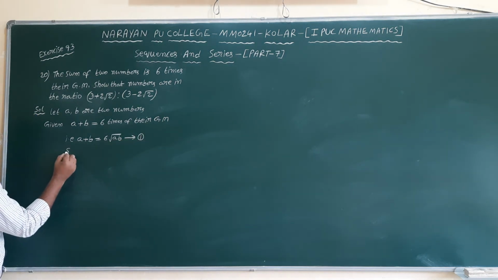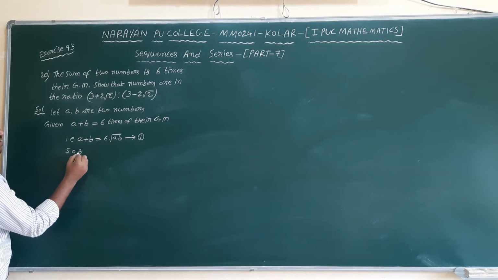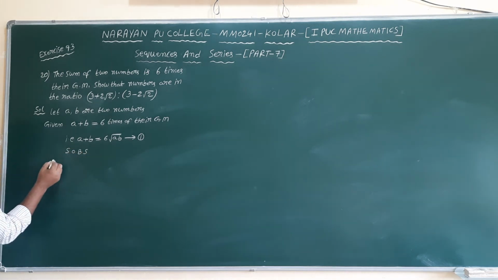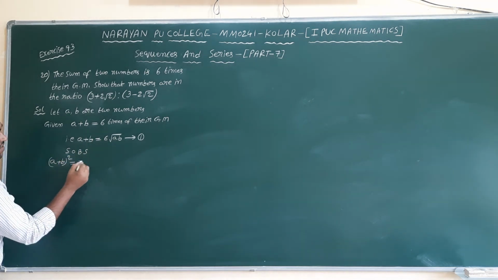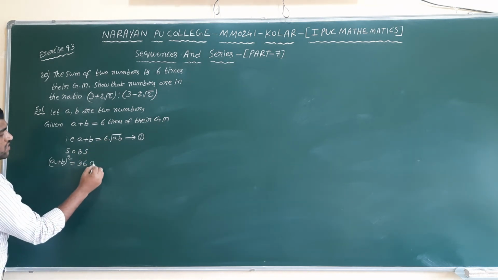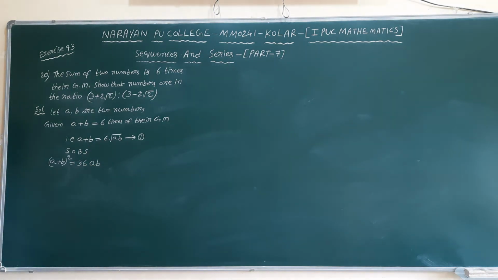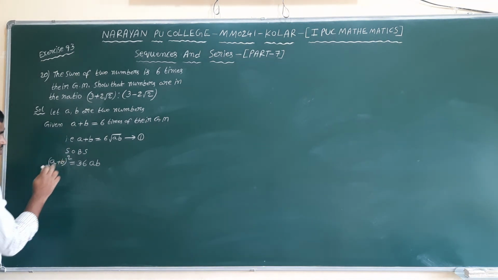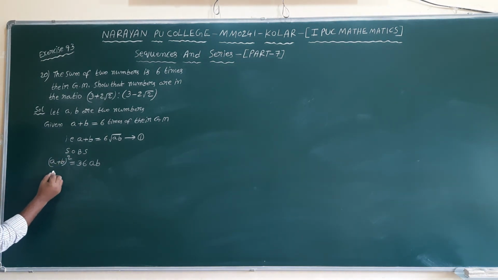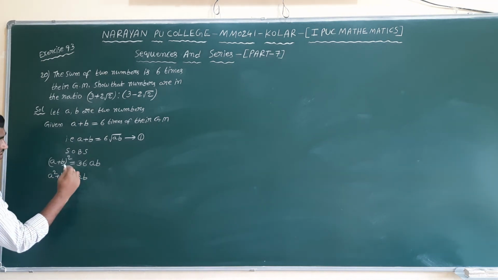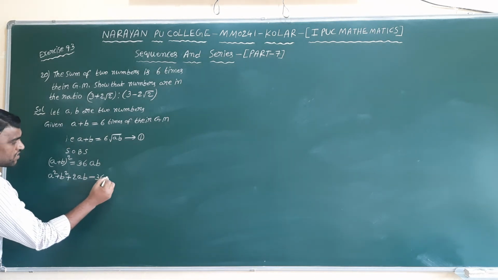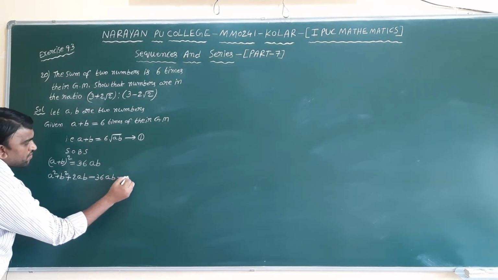Squaring on both sides. (a plus b) whole square is equal to 36. Root ab whole square is ab. It is in the form of (a plus b) whole square. Expand that: a square plus b square plus 2ab. 36ab will send here: minus 36ab equal to 0.